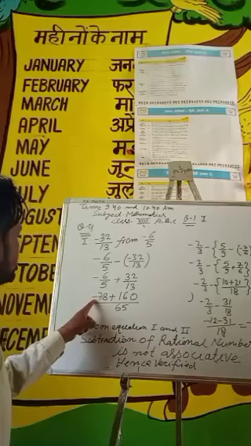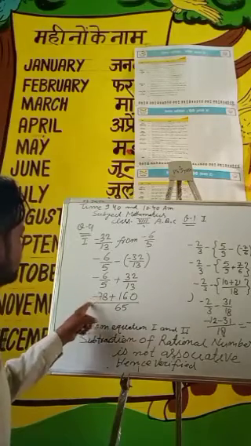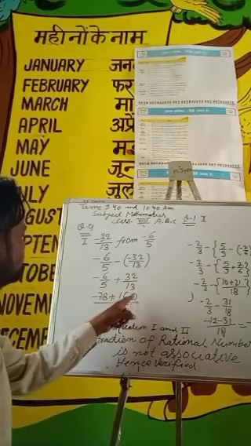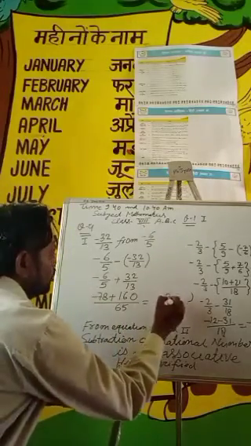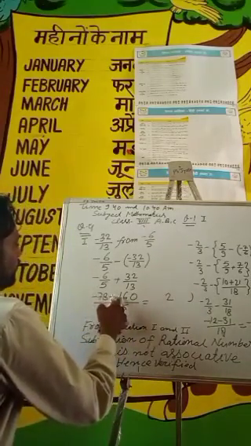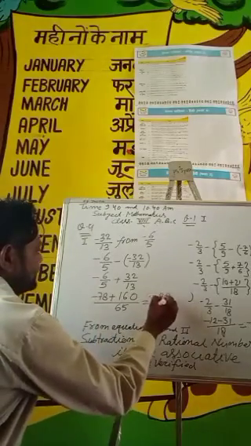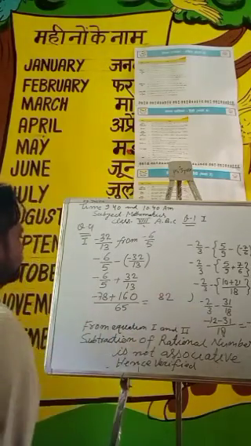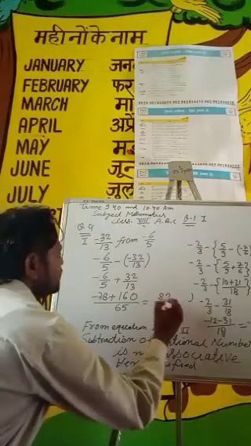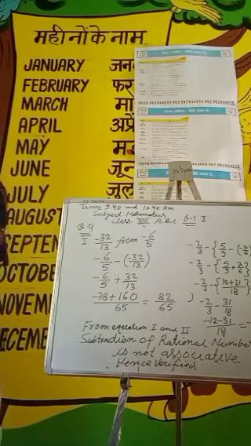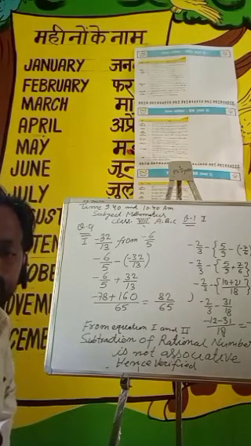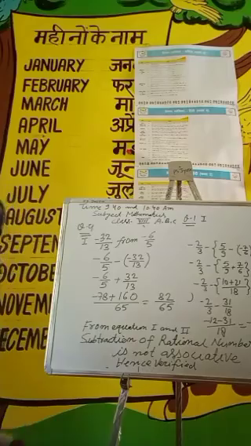Now 78 minus from 160, we get 82. The result is 82 upon 65. Similarly, other parts you will do yourself.